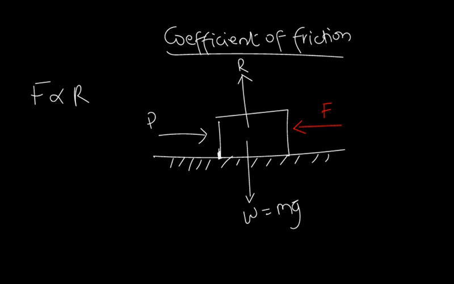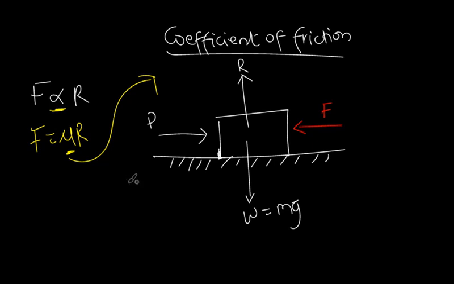Now if you are used to proportionality, you've been solving mathematics a lot, you get to know that whenever we remove a proportionality sign, we introduce a constant, and the constant in this case is the coefficient of friction. So when we remove this proportionality sign, we have F is equal to what? Mu R. Now this mu R is what we are referring to as the coefficient of friction.